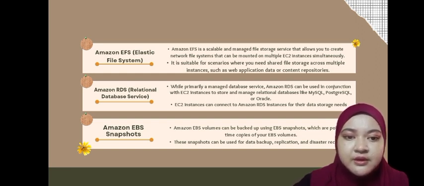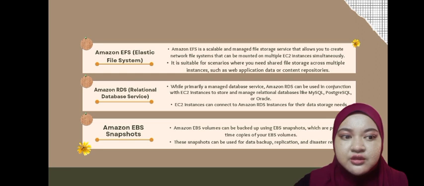It's a scalable and managed file storage service that allows you to create a network file system that can be mounted on multiple EC2 instances simultaneously. It is suitable for scenarios where you need shared file storage across multiple instances, such as web application data or content repositories.